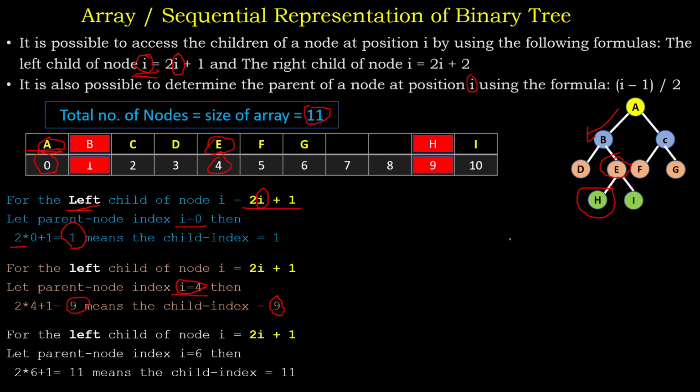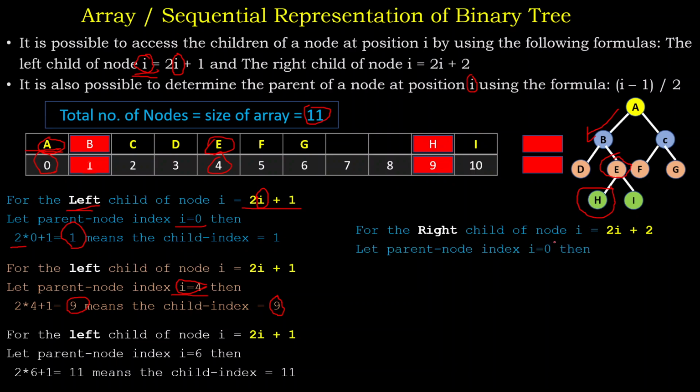As well as that, we can calculate the right index also. So let's talk about the right index, if the parent node is given as 0. To calculate the right index we have another formula, 2 into I plus 2: for left plus 1 and for right plus 2.